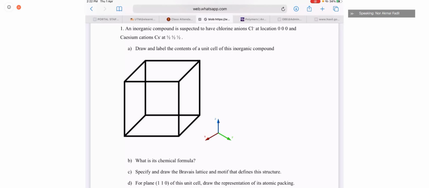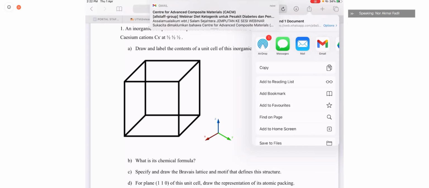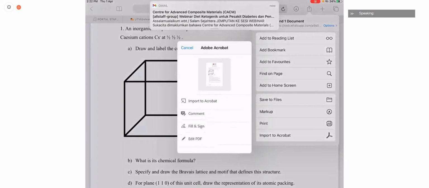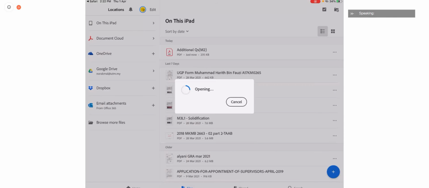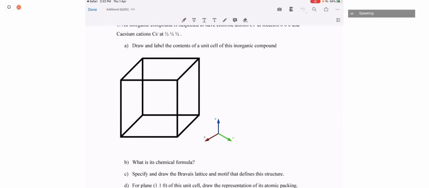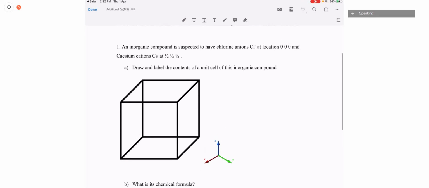Ions, at location 0, 0, 0 and cesium cation at half, half, half. So the one at the center is Cl, and at half, half, half, somewhere in the middle, we have Cs.